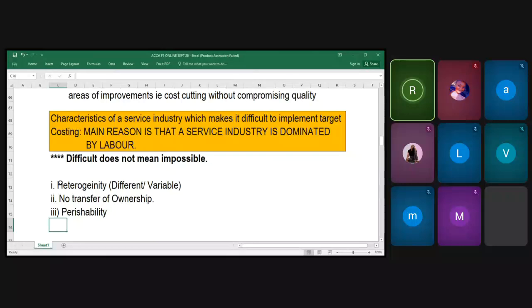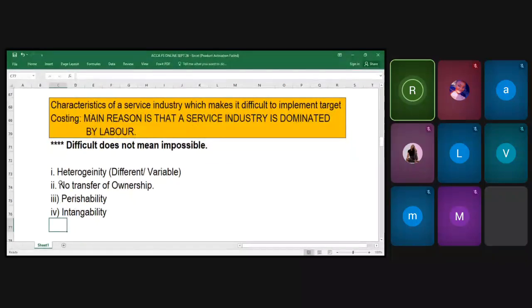If you don't want to, we are looking now at another characteristic, which is intangibility. A service is intangible. So something that is tangible, you can actually quantify or state what you want.